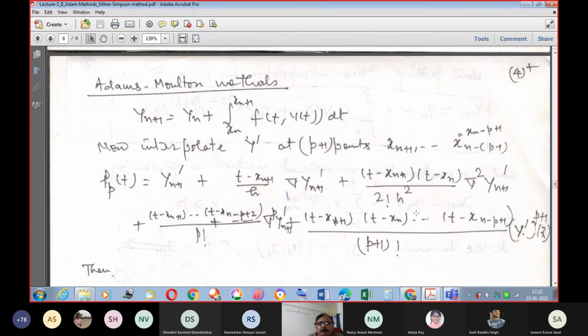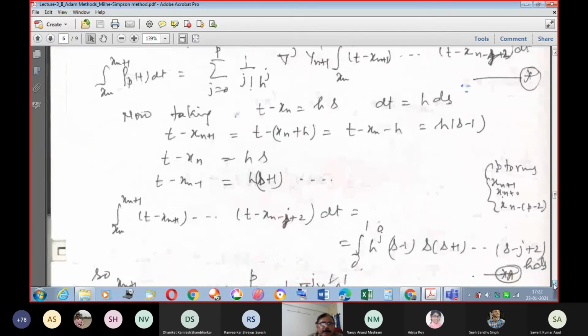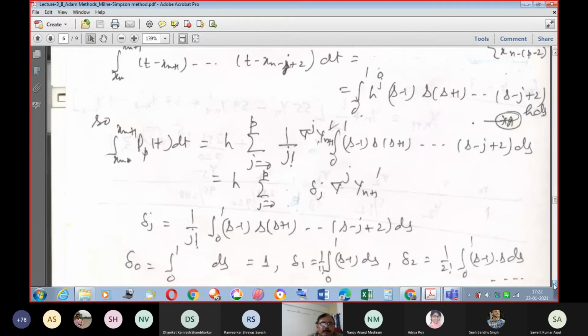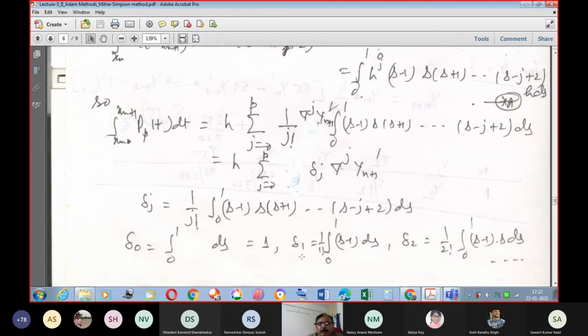So this is nothing but your 0 to 1 ds. First term, second term will be your delta 1, that is your s minus 1. You keep this in mind. You put here 1 into s minus 1 ds. Delta 2 will be 1 into s minus 1 into s ds. You can calculate these values. This is not at all a problem.